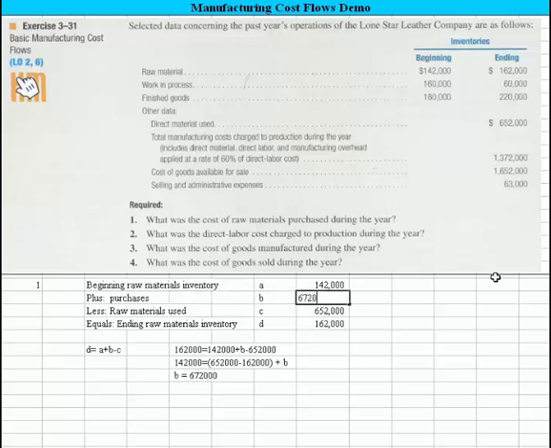We'll plug in the 672,000 and see if this all equals out. That should equal that, plus that, minus that. And it does. So we know the answer is the 672, and this column just served as a proof. Okay, that's number 1. Let me slide down and we'll work on solving number 2.